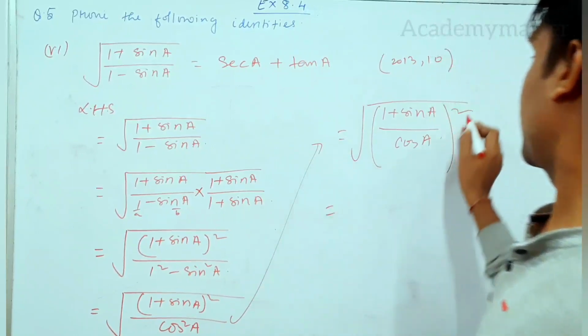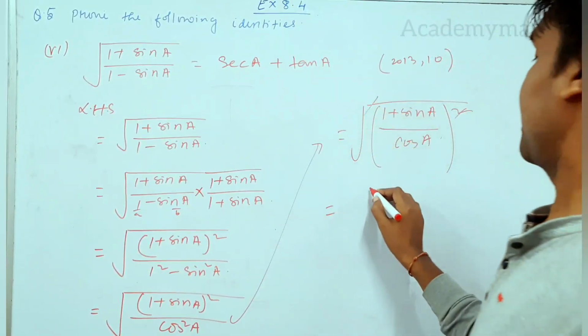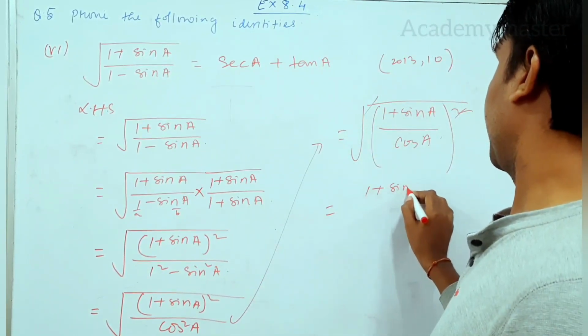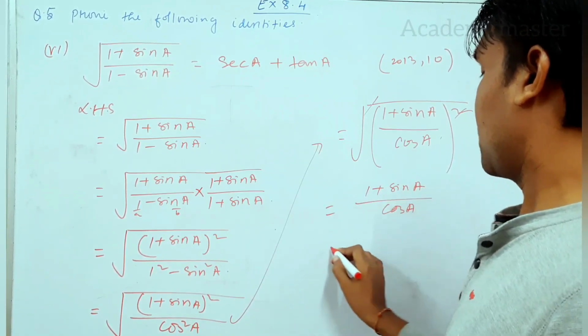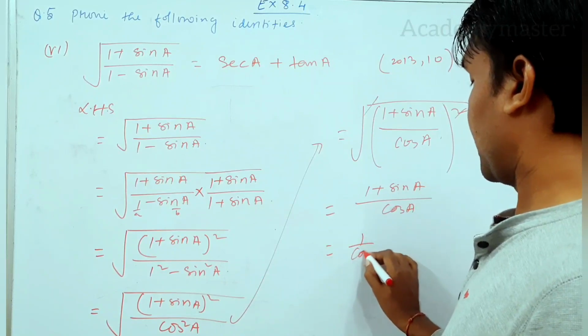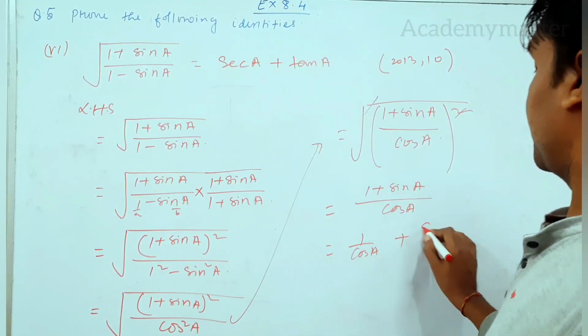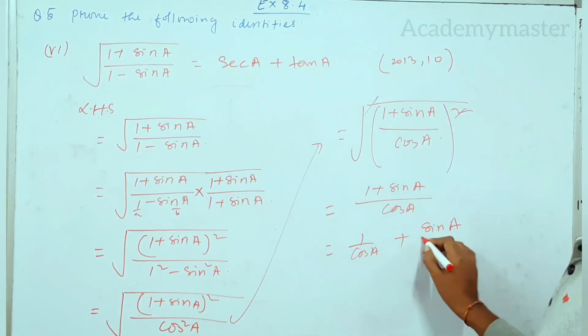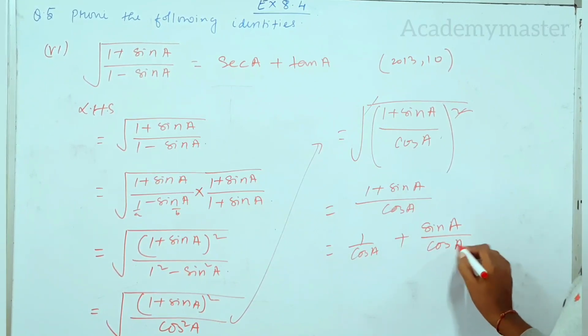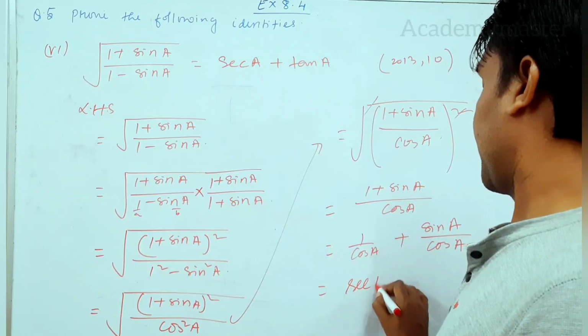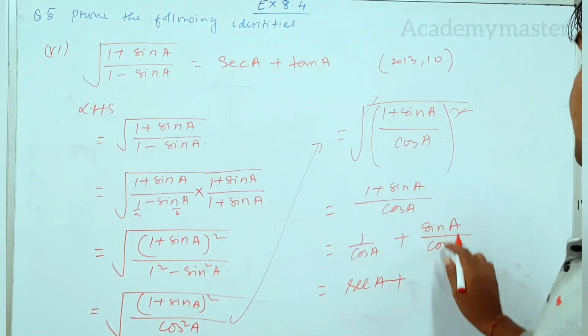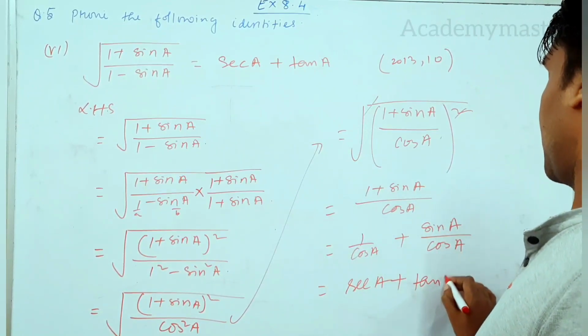So in the next step you will see this square and this root will be cancelled, so you are getting 1 plus sine A by cos A. So separate it, 1 by cos A plus sine A by cos A. So it will be equal to 1 by cos A, which is what? Sec A, and sine by cos is what? Tan A.